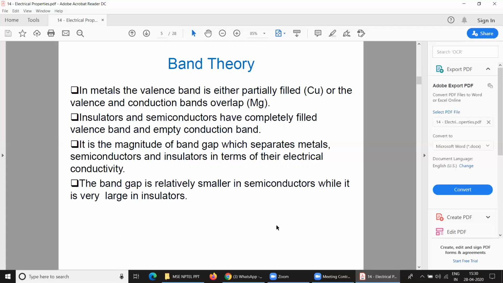Insulators and semiconductors have a completely filled valence band and an empty conduction band. It is the magnitude of the band gap which separates the metals, semiconductors, and insulators in terms of their electrical conductivity. The band gap is relatively small in semiconductors, while it is very large in insulators.